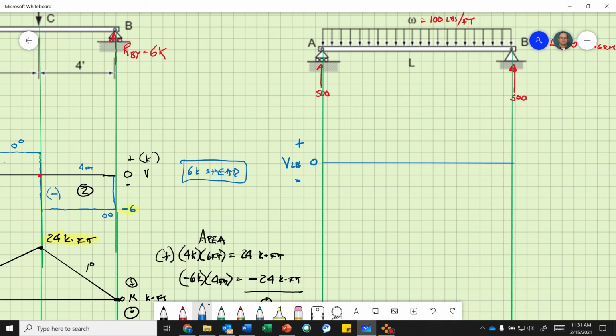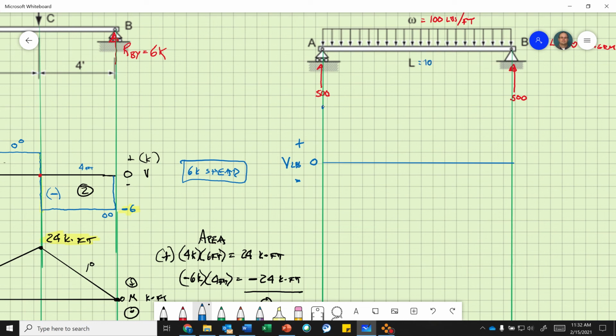So from 0, I start here at the 500 from left to right. I go up 500 pounds. 1, 2, 3, 4, 5. Okay. All right. Now the question is, so 100 pounds per foot. So every foot, my shear is going to drop 100 pounds as I go from point A all the way to point B. So 100 pounds times, remember my length is 10 feet.